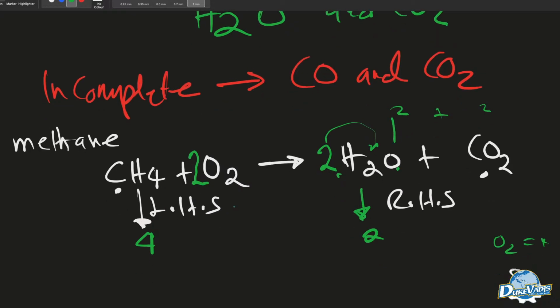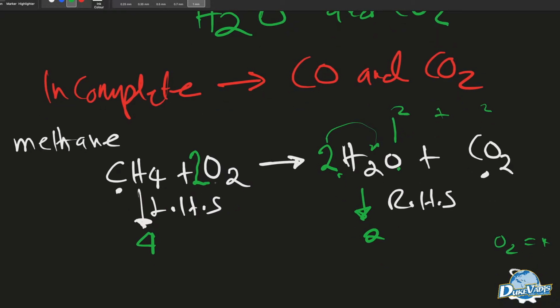Now let's look at another combustion reaction, because from methane we go to ethane, C2 ethane.